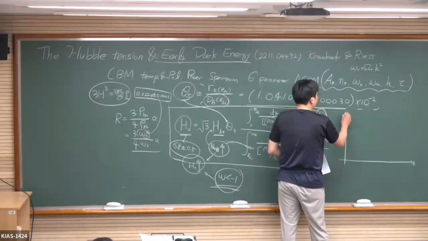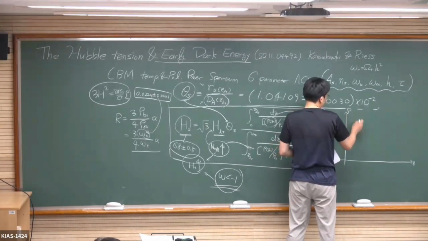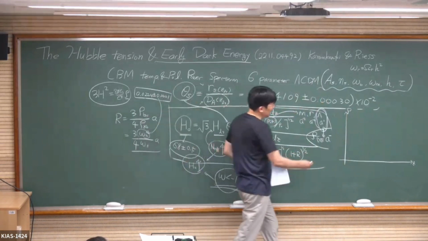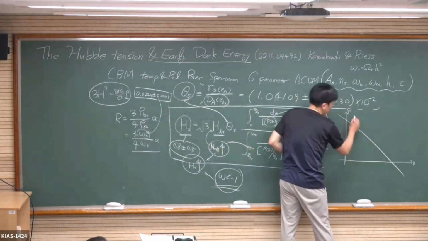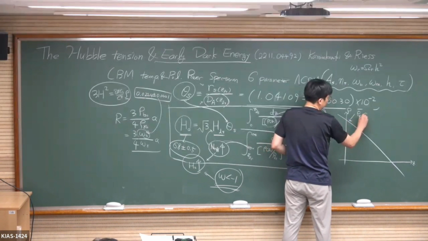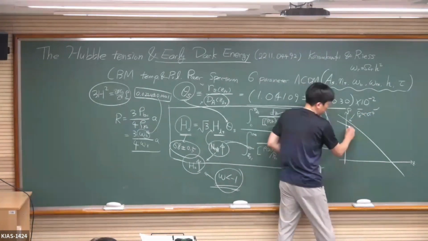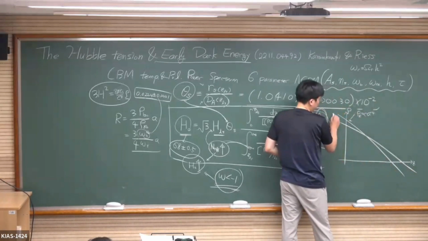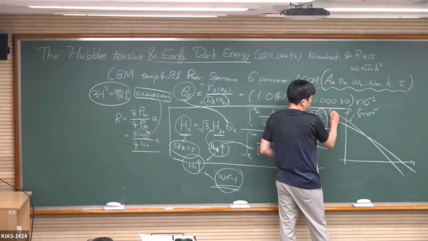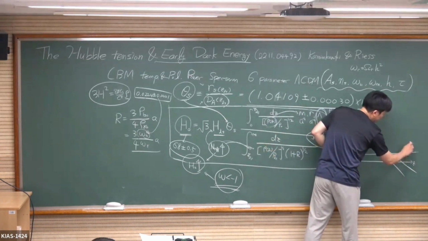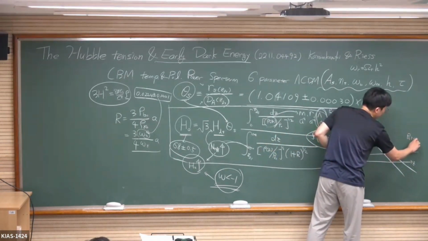The general early dark energy concept is this. We have radiation that is proportional to a to the negative 4, and we have matter proportional to a to the negative 3, and lambda constant.